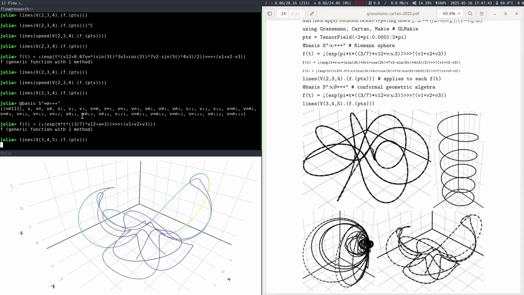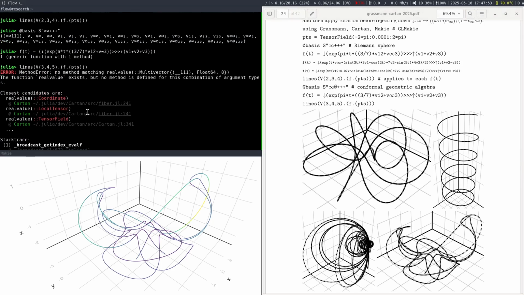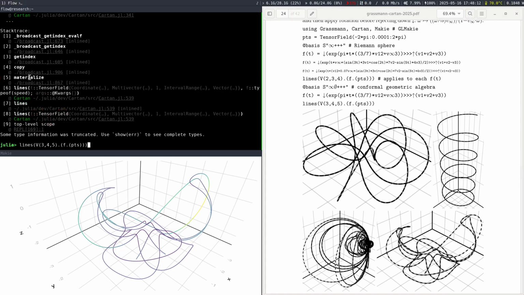It's taking a while for some reason. What's it stuck on? Some kind of error? Oh, right. It required, I forgot, you had to apply, oh, I forgot to put that in there.